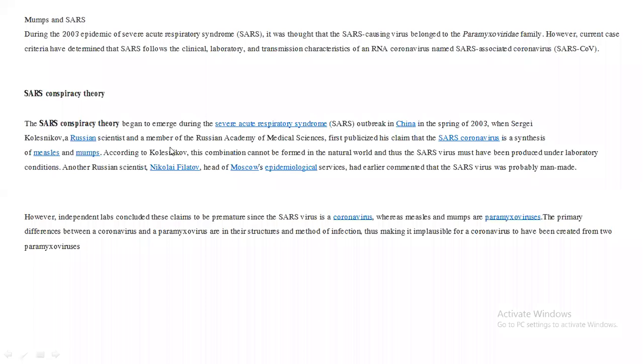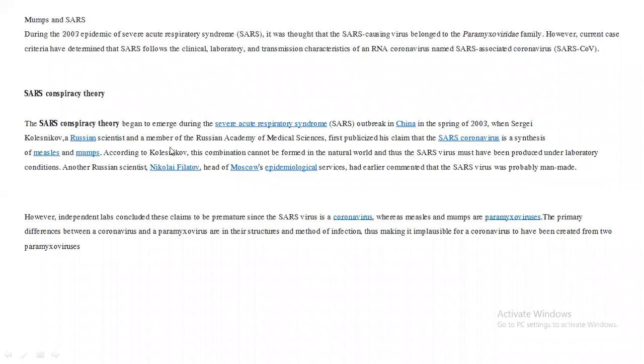However, current case criteria have determined that SARS followed the clinical, laboratory and transmission characteristics of an RNA coronavirus named SARS-associated coronavirus. SARS conspiracy theory.